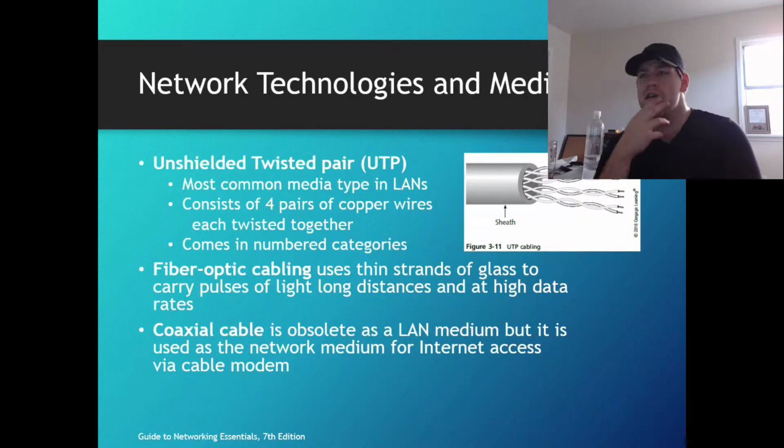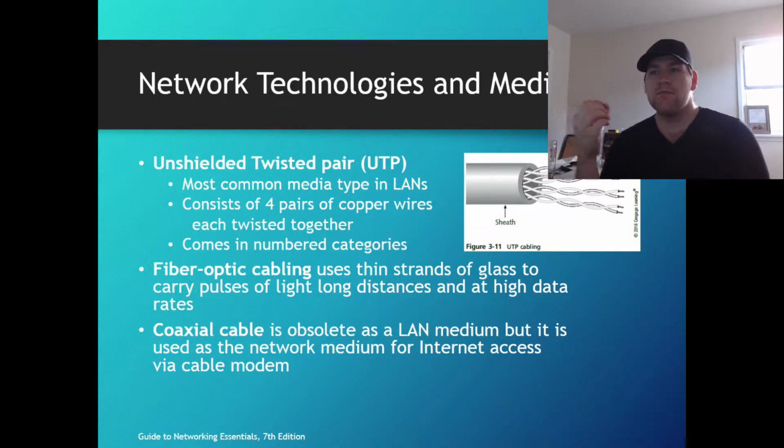So let's look at this. First of all, let's look at the different types of media that are utilized by Ethernet. These are specifically the different types used by Ethernet at this point. You have the most common type, which is unshielded twisted pair, or UTP for short.